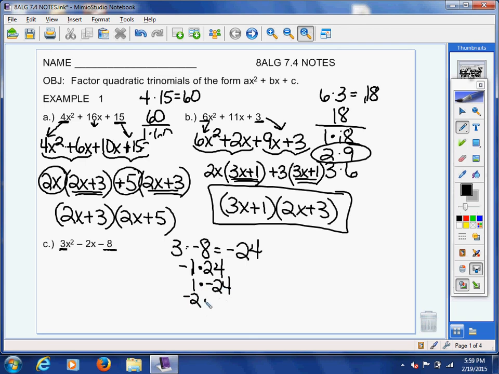Negative 2 times 12, 2 times negative 12. Negative 3 times 8, 3 times negative 8. Negative 4 times 6, positive 4 times negative 6. And then we start repeating. Guys, only one of them, when you add those factors, will give you negative 2. And hopefully your eyes rested right on those 2 factors.